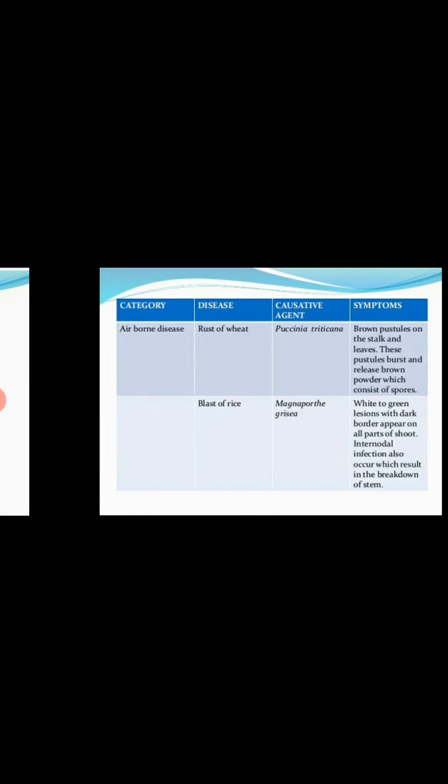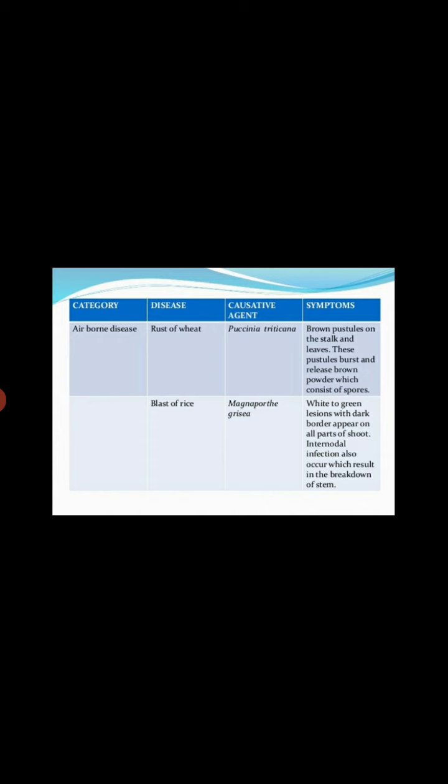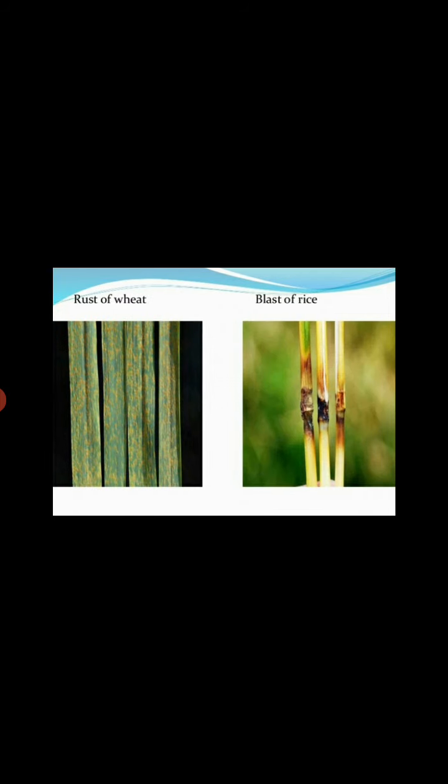You can see bacterial blight on the leaves. It will change the color of the rice. Airborne disease: rust of wheat, blast of rice. Puccinia triticina. There you can see rust of wheat and blast of rice also. It will damage the crop.